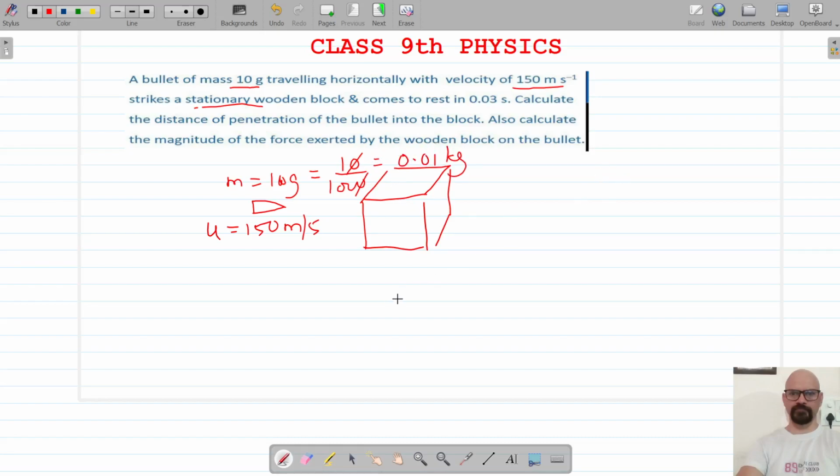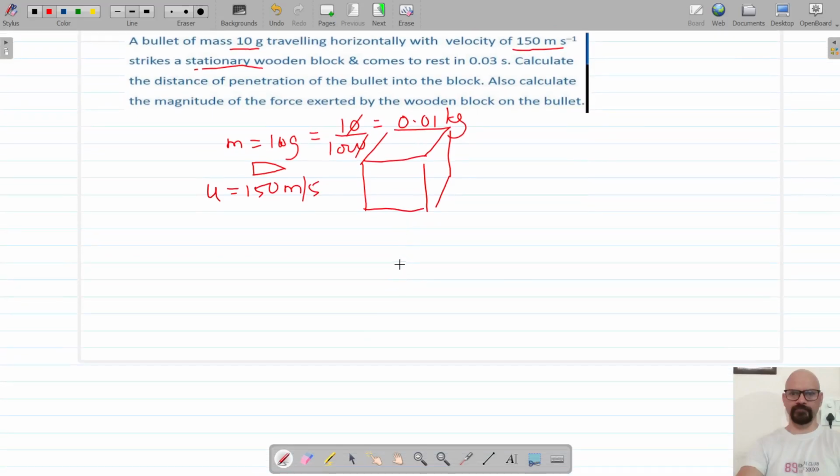Now this bullet penetrates, or strikes, the wooden block and comes to rest. So that means that the final velocity is 0. Let's say the bullet is here now, and its final velocity v is 0 because it comes to rest.